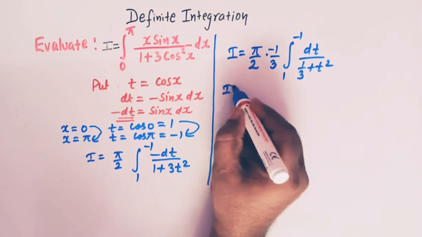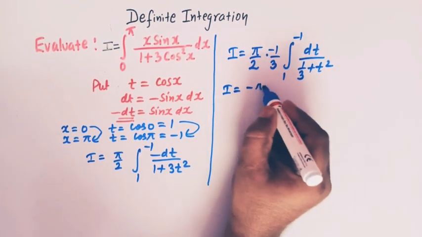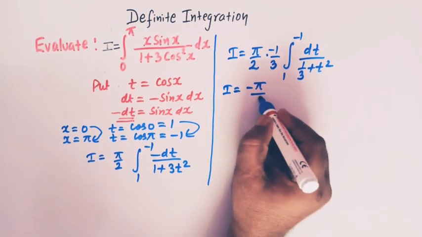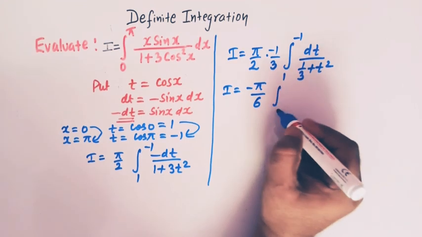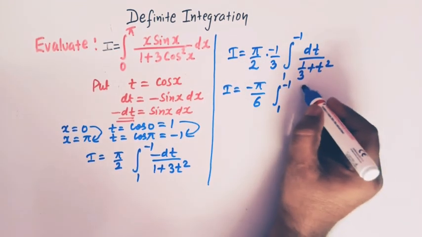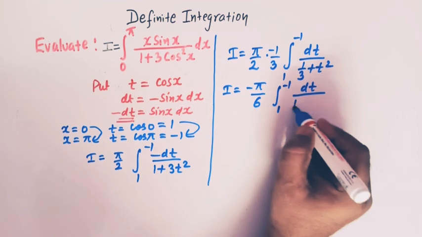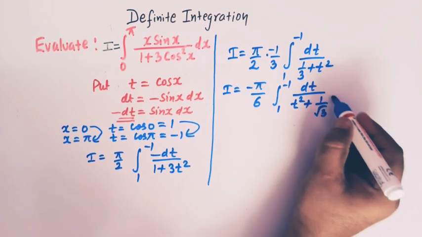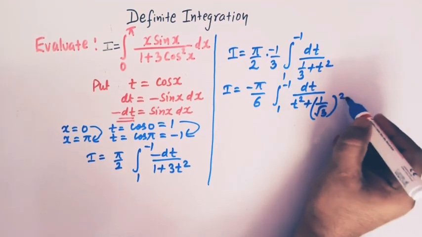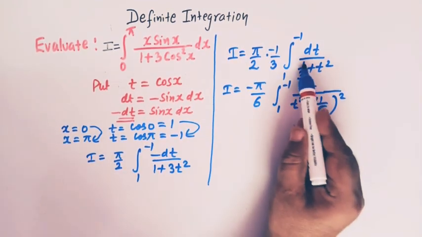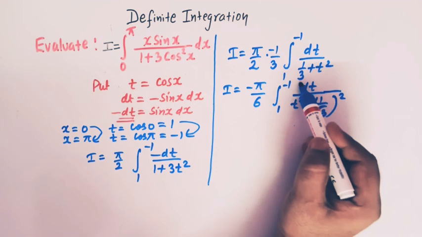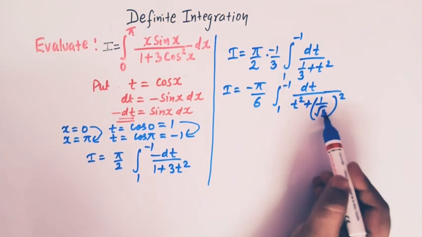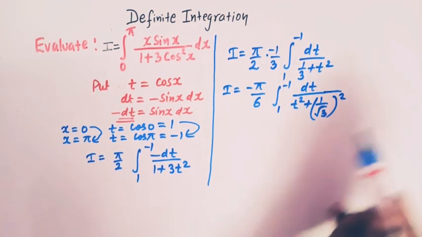So now we can further write it as minus pi over 6, and this is 1 to minus 1 dt over t square plus 1 over square root of 3 whole square, right? So we have now written 1 over 3 as 1 over square root of 3 whole square, right?